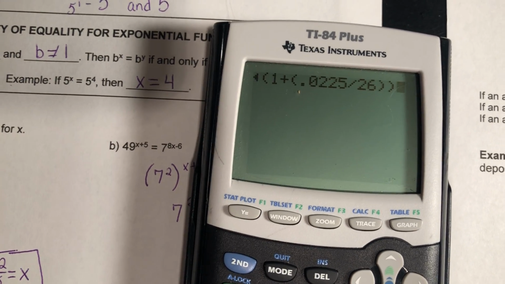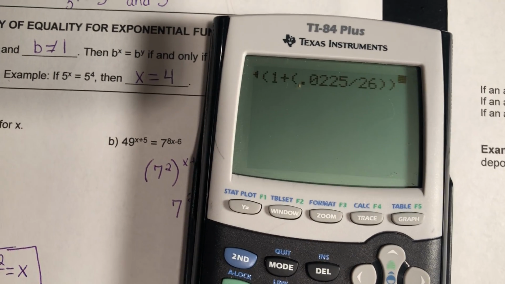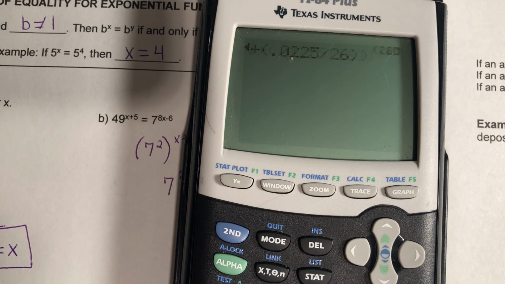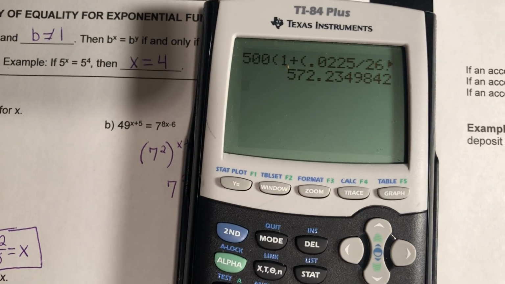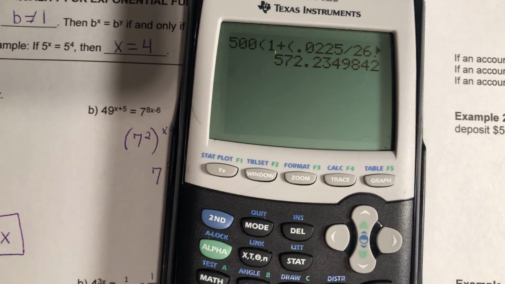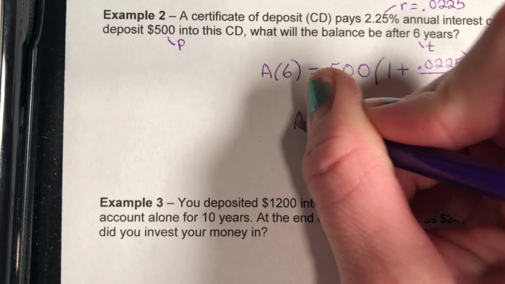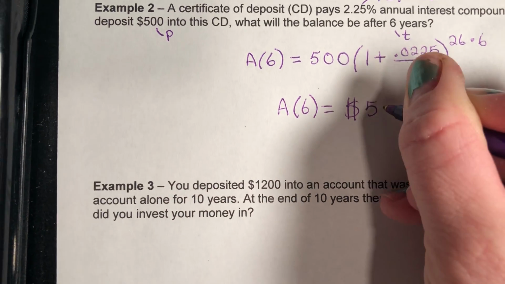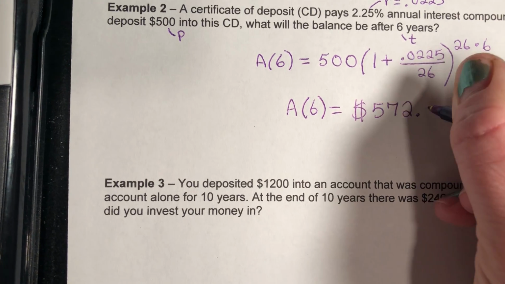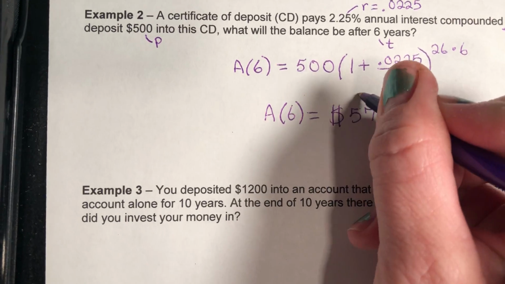Double close the parentheses, and we're going to raise all that to the 26 times 6. We're going to click enter, and we have our answer, $572 after 6 years. So after 6 years, it will be $572.23.